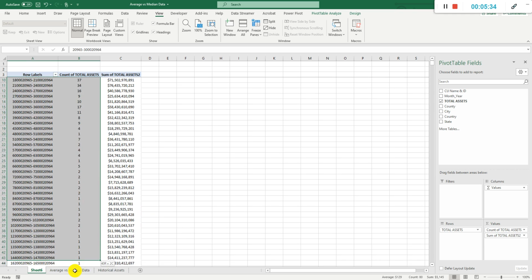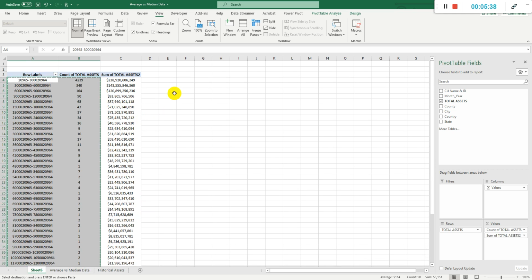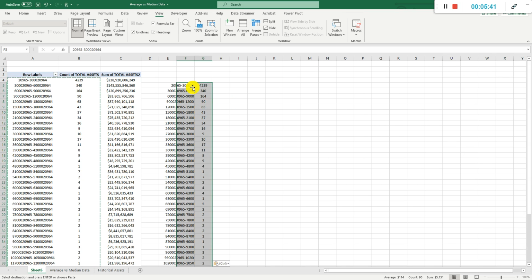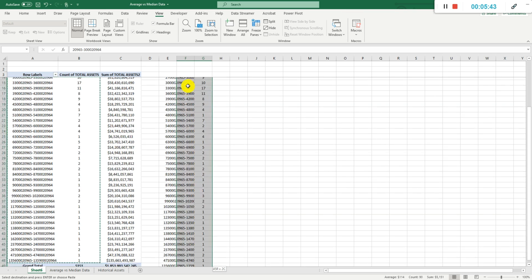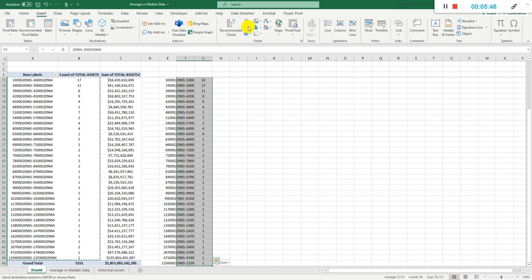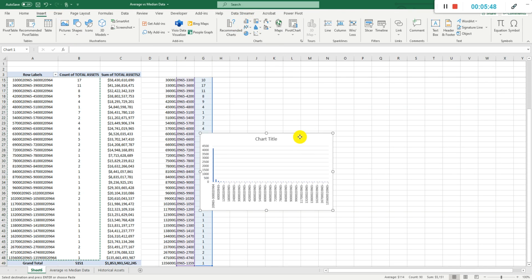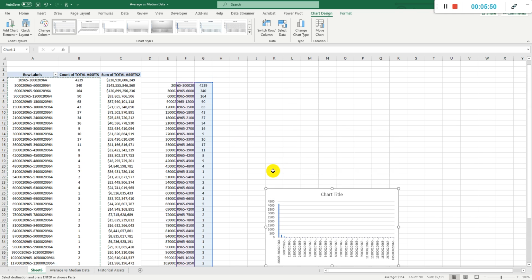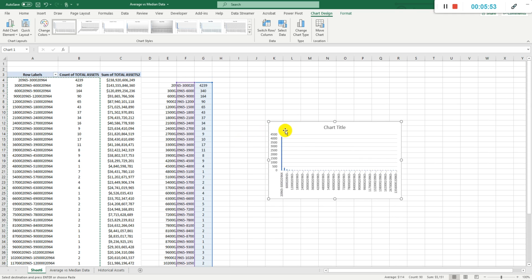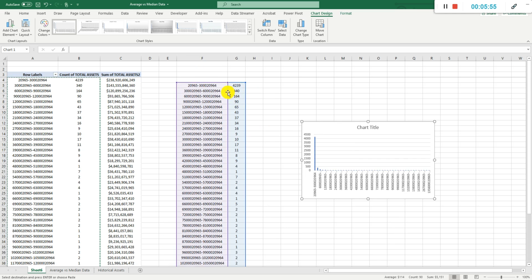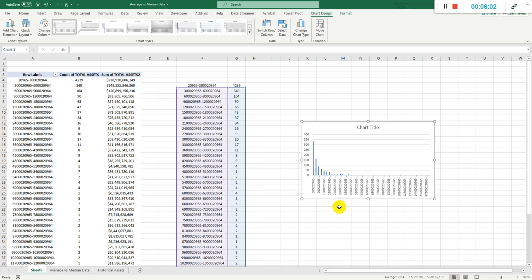Let's chart our distribution to see how it looks. We cannot even really see the distribution because most credit unions are in this bucket. If we skip that bucket, now we can see the distribution. The distribution is skewed to that side.